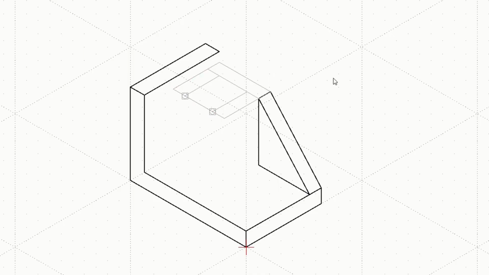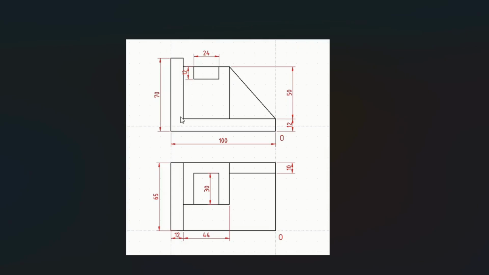Let's see which lines will be solid. So this would be the solid line, and this will be the solid line. Let's draw those first. Now, in addition to that, this particular line has a height of 70 minus 12, which is visible in the front view.